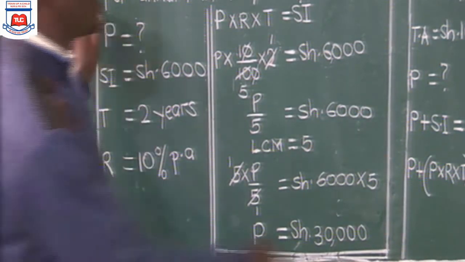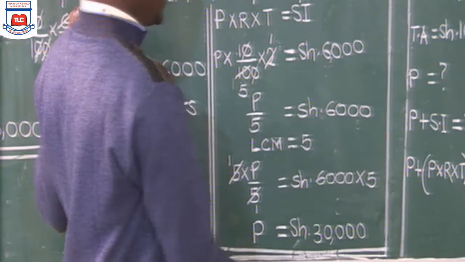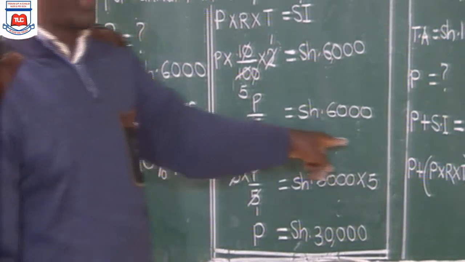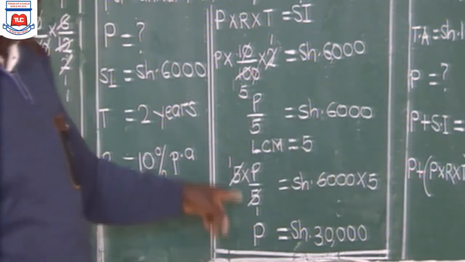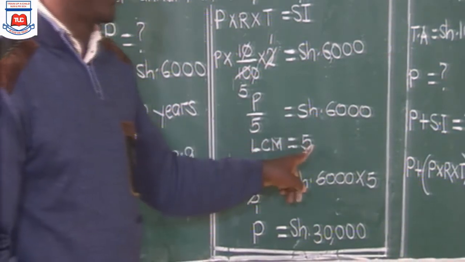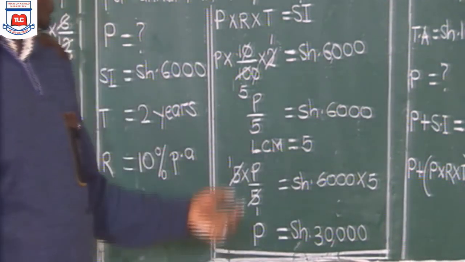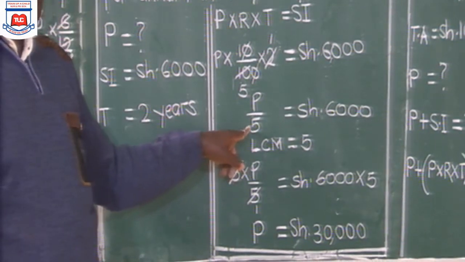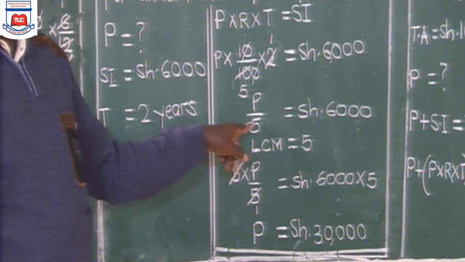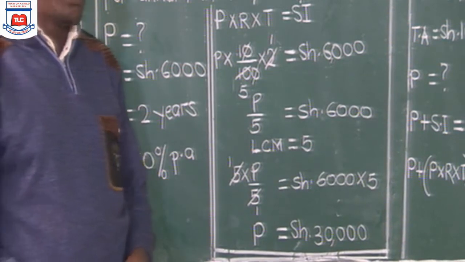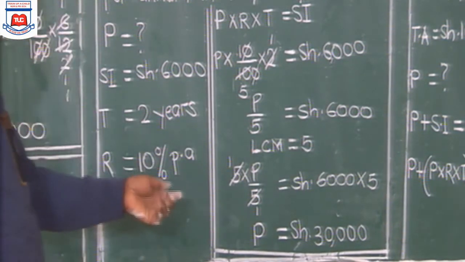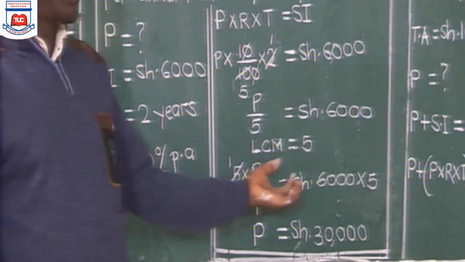So 6,000 shillings is out of 1. So determine the LCM of 5 and 1, which is actually 5. You say LCM is equal to 5. What's the use of LCM in this equation? It helps us eliminate the denominator 5 through multiplication of either side by the determined LCM. So I've determined LCM as 5.